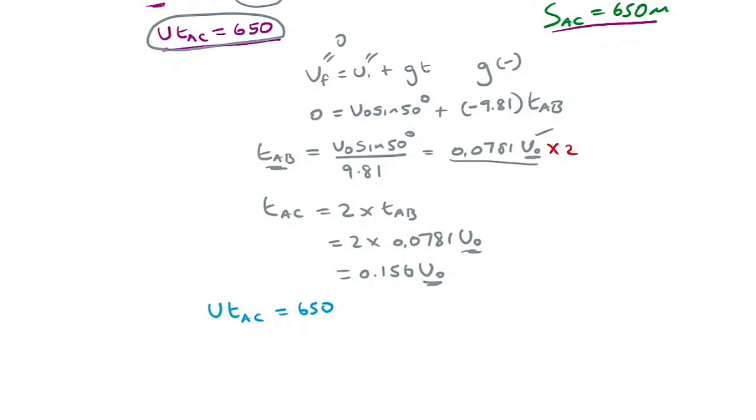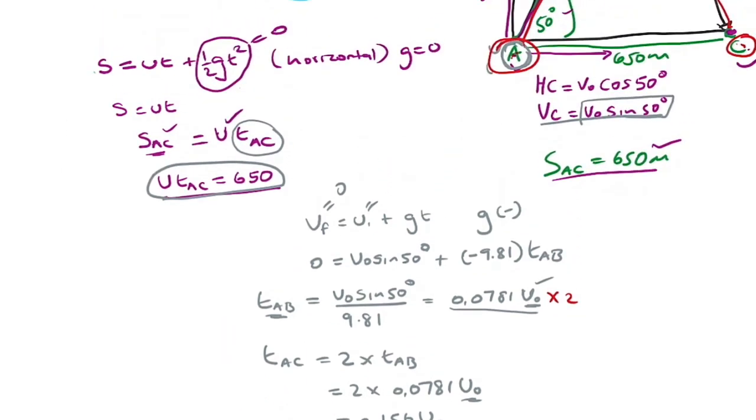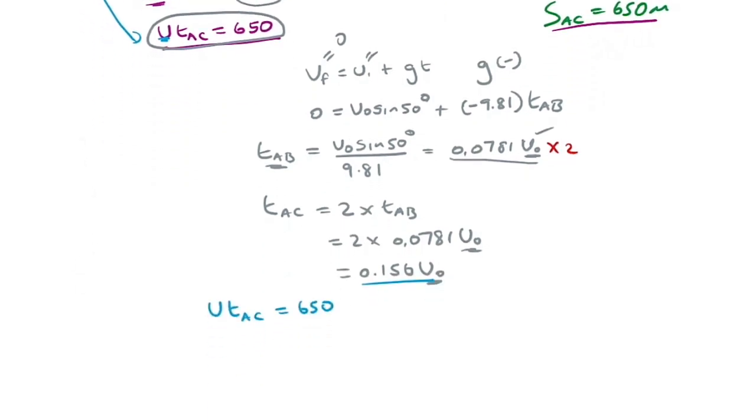Because this is horizontal, this U is the horizontal component, which is initial velocity times cos 50 degrees. Then times the time from A to C, which is 0.156 initial velocity, is equal to 650.